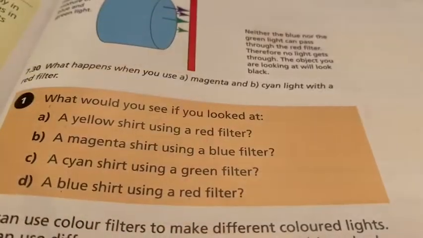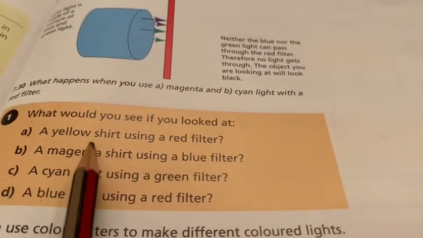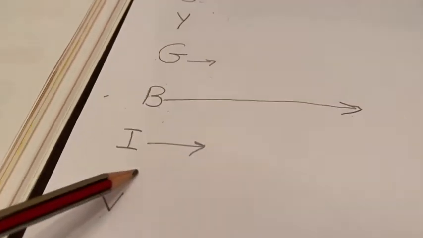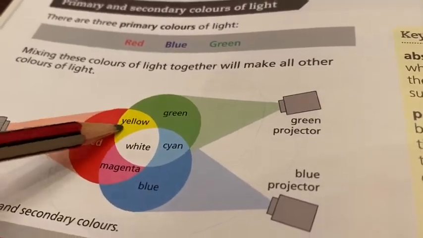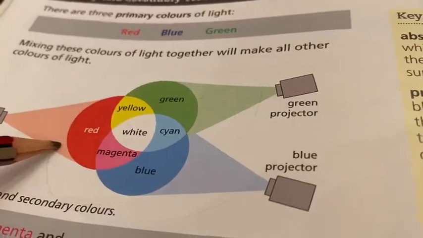Okay, let us answer this question. What would you see if you looked at a yellow shirt using a red filter? Go back here. ROYGBIV. Now, the yellow color is a secondary color made up from green and red. So if this shirt is yellow, let me draw a shirt.